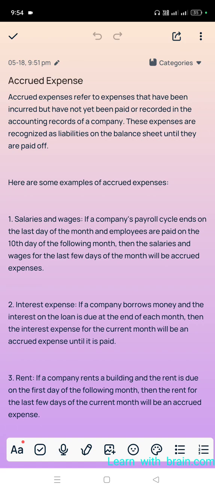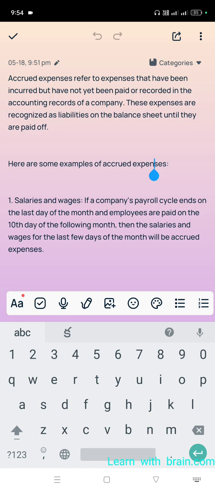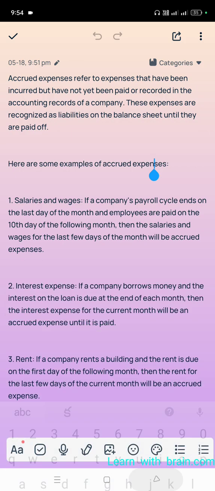Now we will go for the meaning. Accrued expenses refer to expenses that have been incurred but have not yet been paid or recorded in the accounting records of a company. These expenses are recognized as liabilities on the balance sheet until they are paid off.